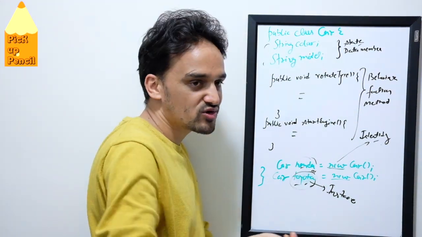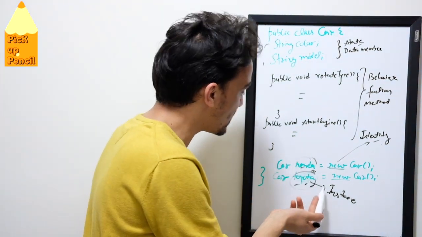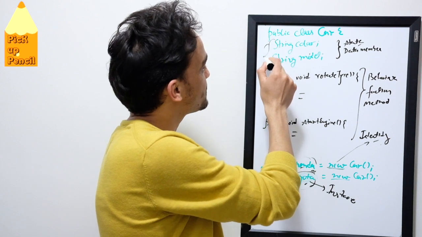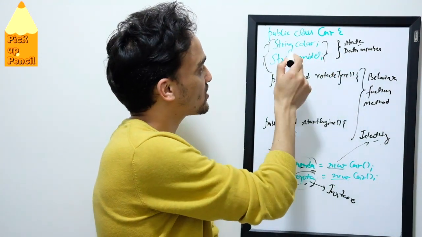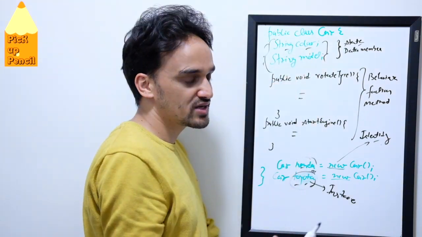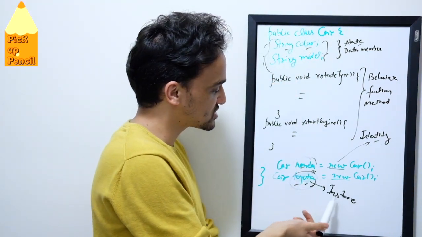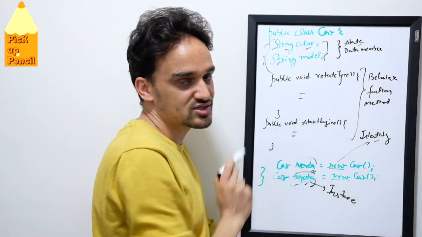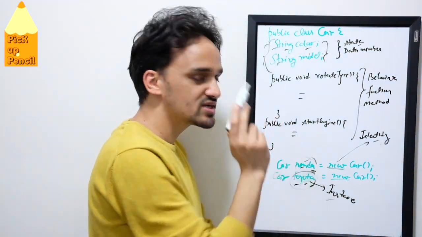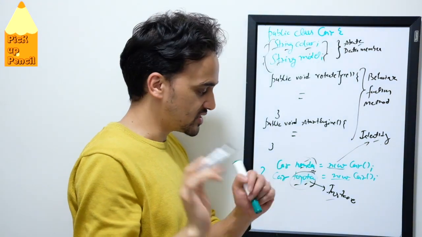Object and instance are the same thing, and that is why these data members are also called instance variables, because once you create an instance of an object you get direct access to the instance variables. So instances and objects are nothing but the same thing.